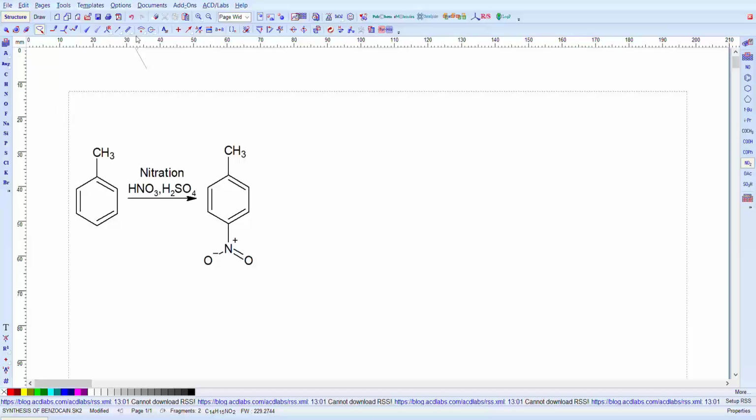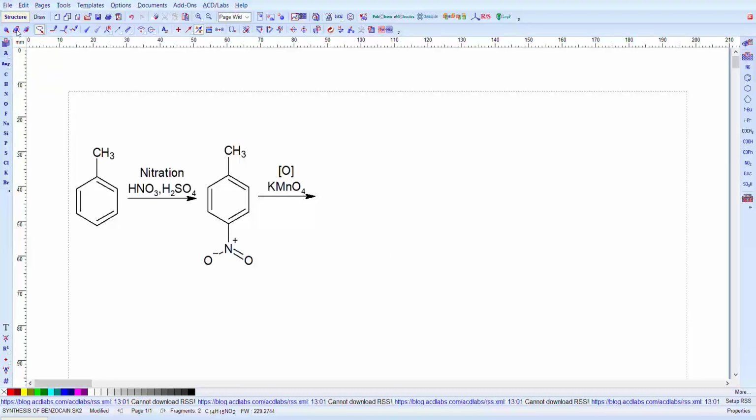So now we place the arrow. We place the arrow again and use the arrow notation. So we are going to use that bracket and all. Put the oxidation as mentioned in the book, and then put KMnO4, potassium permanganate, and then convert that CH3 to COOH.